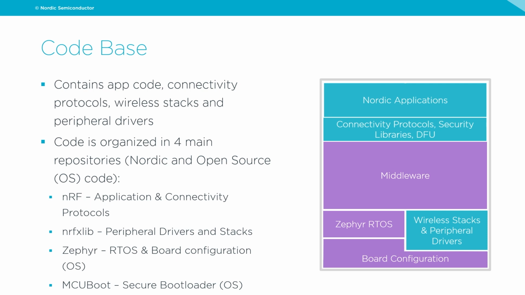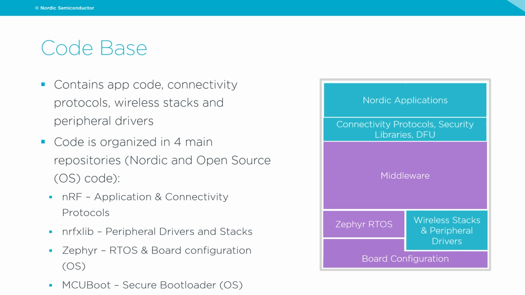The 4 main repositories, you can see below, we have the NRF repository. That's where we have a lot of applications and samples for kickstarting development, so you don't need to start from scratch. That's where we have a lot of the connectivity protocols too. On the NRF xlib repository, that's where we have peripheral drivers and also some stacks, so that's mainly RTOS independent libraries.